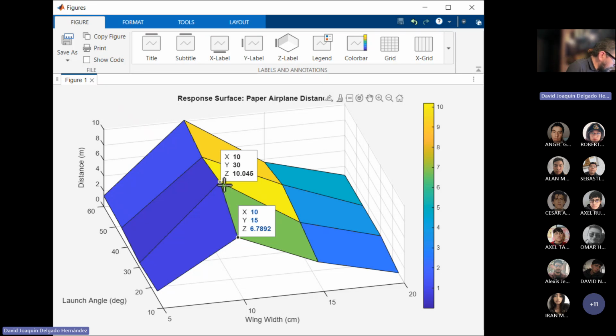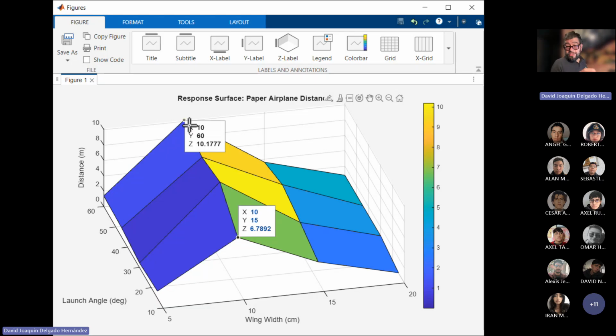If you have 10 centimeters in wing width and 30 degrees of the launch angle, you can reach 10 meters, okay? You can reach 10 meters away. What happened here? You 9.3, and here in this 10.17. This is the best, this one, okay?